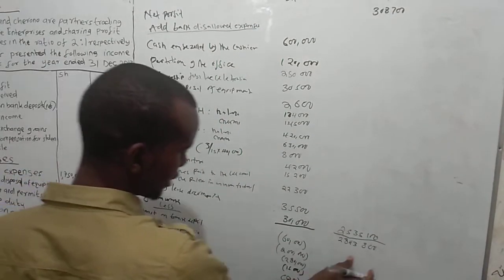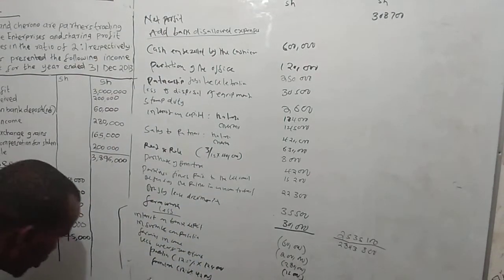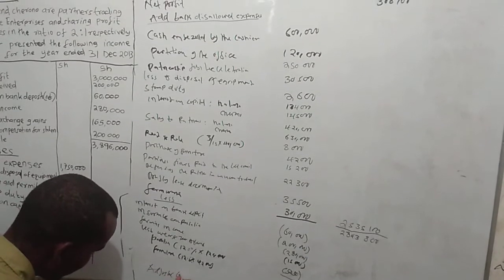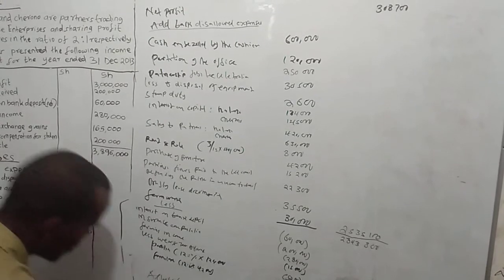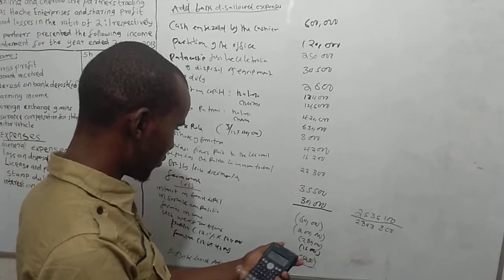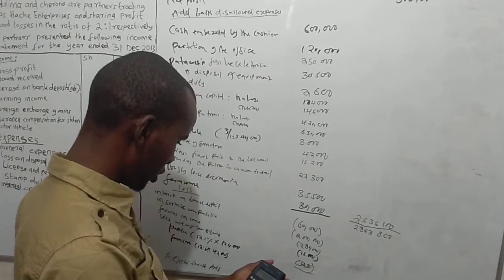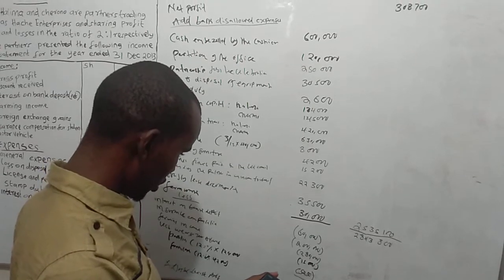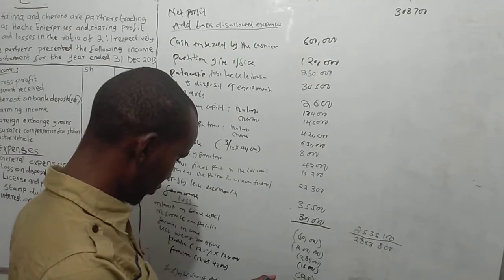So let's add this, then we less from here, then we get our adjusted taxable profit or loss. Adjusted taxable profit: 60,000 plus 200,000 plus 200,000 plus 280,000 plus 280,000 plus 15,000 plus 5250.